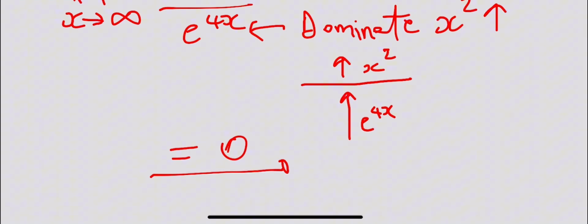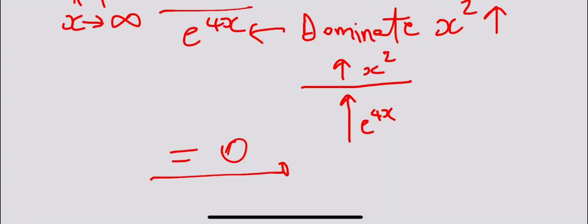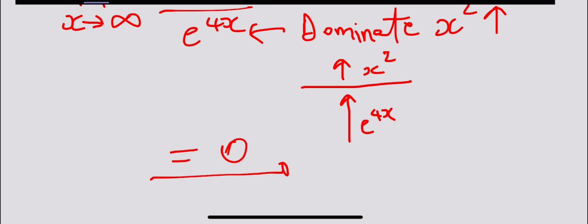I hope you're still following why we get the final answer of the limit to be equal to 0. For example, let's say x was 10,000.